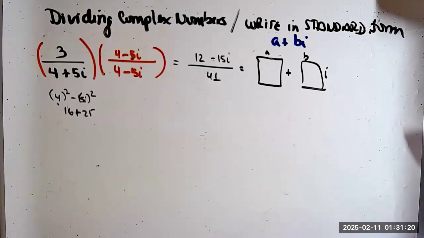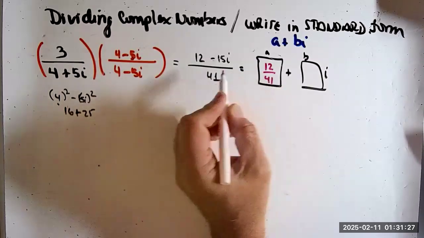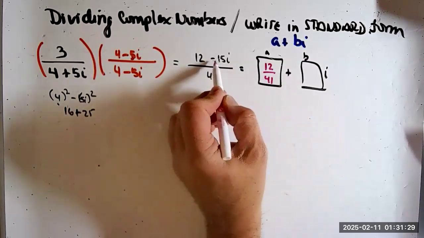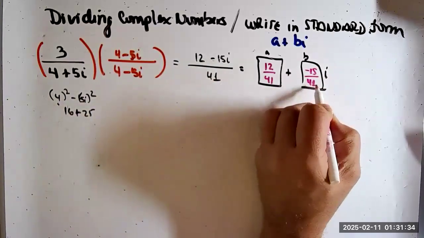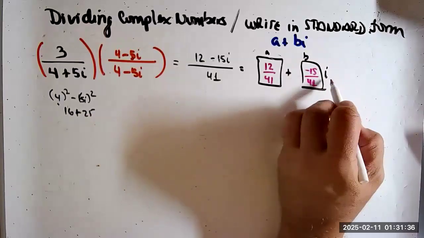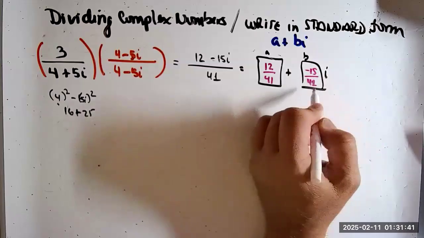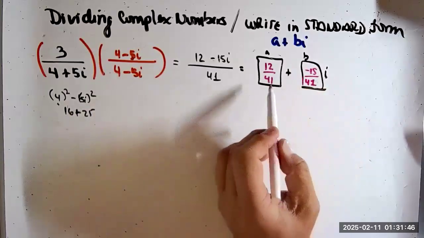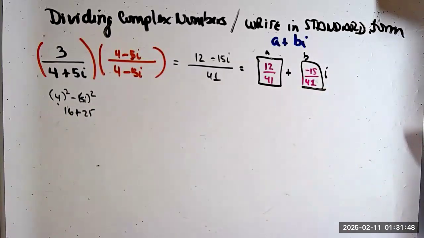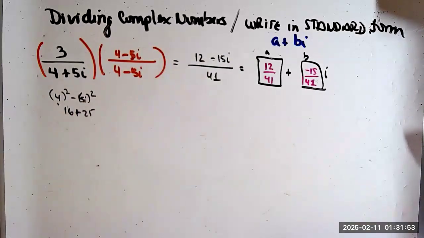That is your a part, the real part. 12 over 41 plus, this is hard-coded, so minus, that would be negative 15 over 41. Please don't input the i. The i is already coded. If you put i inside the box, it will mark it incorrect. The only thing we want are the coefficients a and b. So 12 over 41, negative 15 over 41.